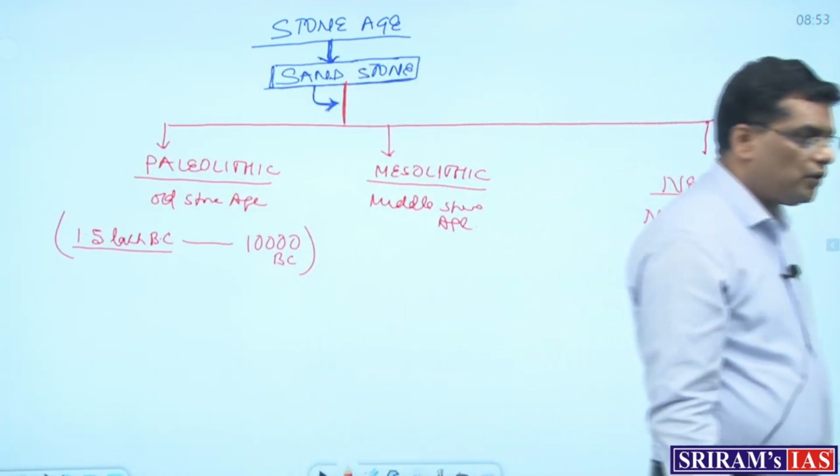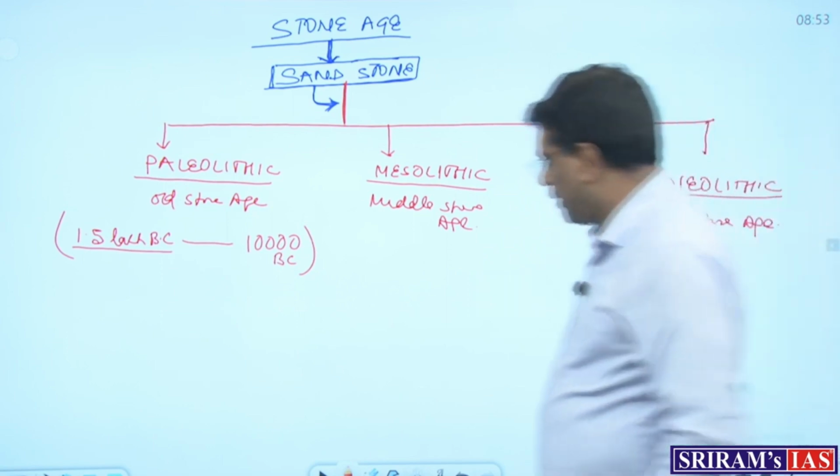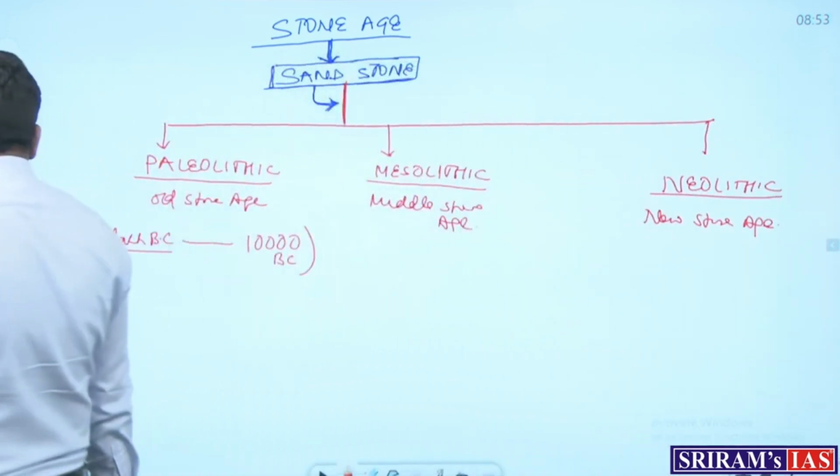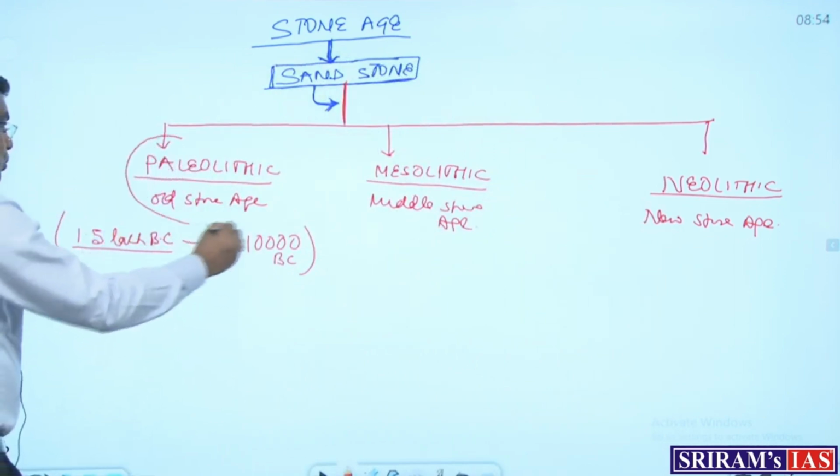This is the Paleolithic age. I hope you got the notes from the Sriram's IAS booklet. You will find 2.5 lakh BC. This is also correct. So whether it is 2.5 or 1.5, there are some variations in the fact. So 1.5 lakh BC to 10,000 BC, this is Paleolithic, which means old stone age.